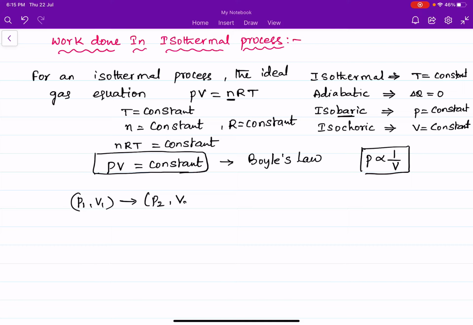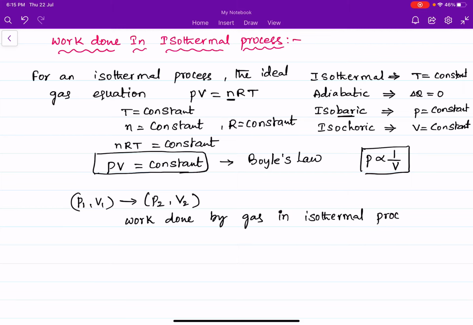The state of the gas is changing from the initial state P1 V1 to the final state. So here I am writing the work done by the gas in isothermal process.